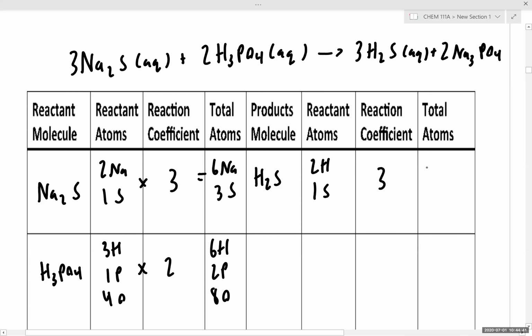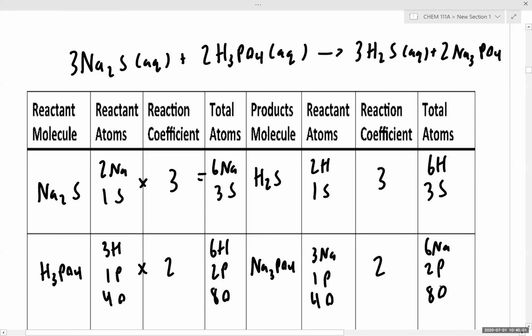Our reaction coefficient of 3 gives us 6 hydrogens and 3 sulfurs. Finally, sodium phosphate has 3 sodiums, 1 phosphorus, and 4 oxygen. Has a coefficient of 2 to give us 6 sodiums, 2 phosphorus, and 8 oxygen. So as we can clearly see, this full equation is balanced.